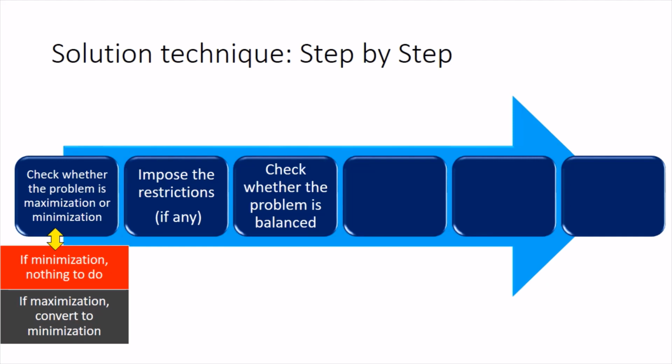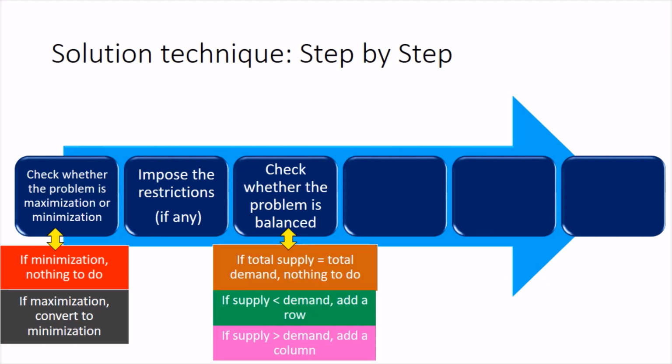And after that you have to check whether the problem is balanced or not. Means if total supply is equal to total demand, that means the problem is balanced and nothing to do at this step. However, if the problem is unbalanced, then if supply is less than demand, you add a row. If supply is greater than demand, you add a column.